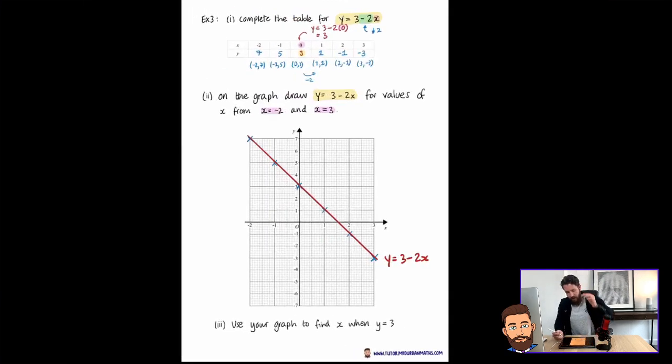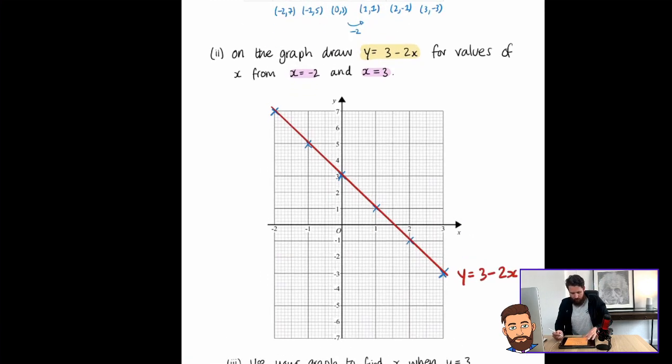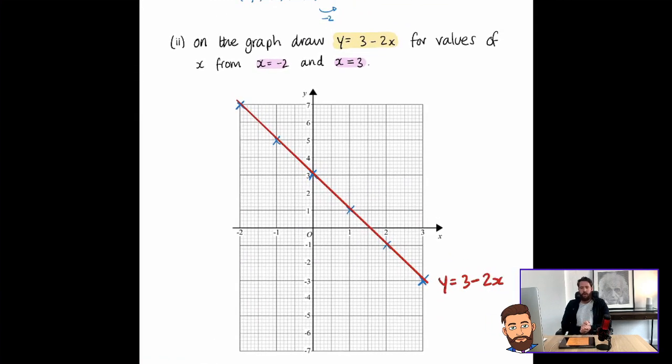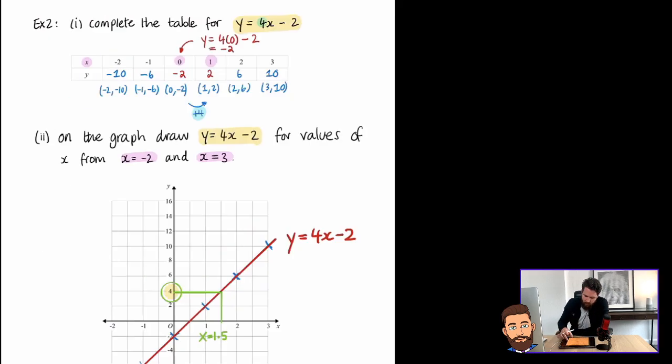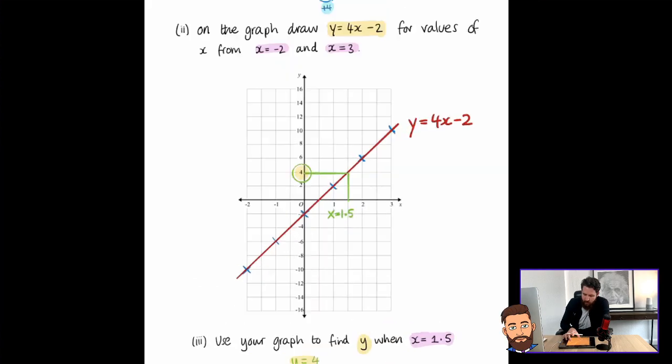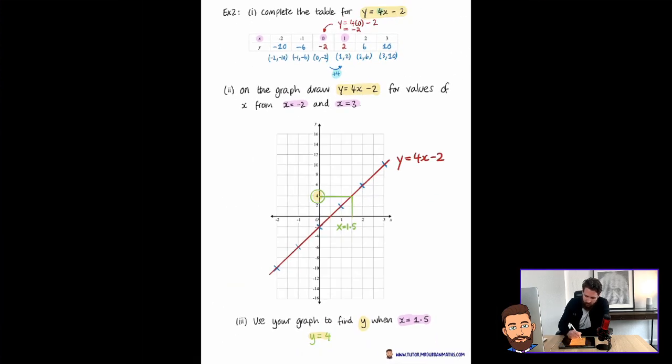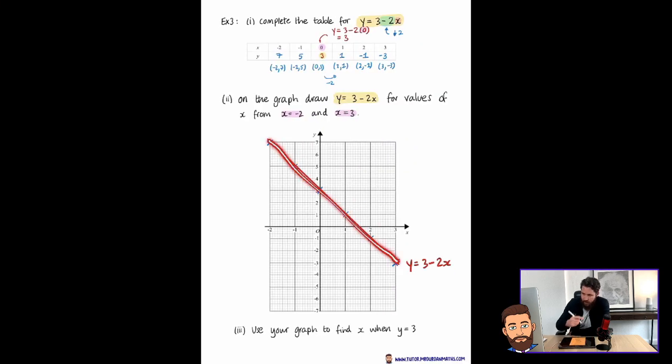Now, if we just pause for a moment, I said this is going to differ because we had a -2x instead of a +2x. How is this graph different to the previous two examples that we've looked at? If I flash between the two pages, that line looks like this, and this line looks like this.